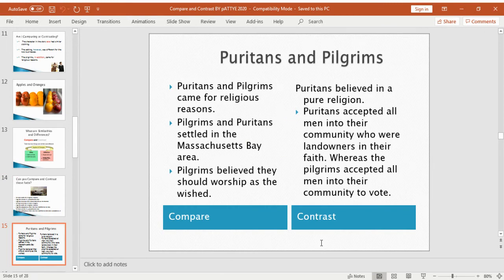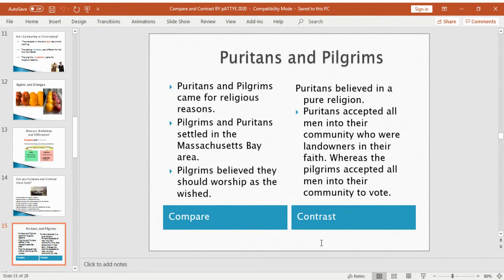Using those 7 sentences, you should have come up with something similar to this. How are they alike? The Puritans and Pilgrims came for religious reasons. The Pilgrims and Puritans settled in Massachusetts Bay. And the Pilgrims believed they should worship as they wished. Okay, let's talk about contrasting. The Puritans believed in a pure religion.